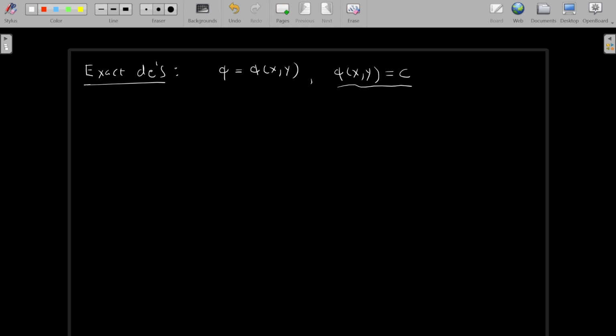Now, the differential equation that has this as a solution is the total differential of phi, meaning that taking the total differential of 1 we get the partial derivative of phi with respect to x dx plus the partial derivative of phi with respect to y dy is equal to 0.